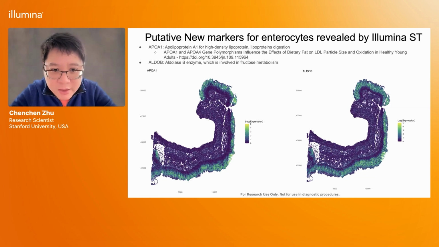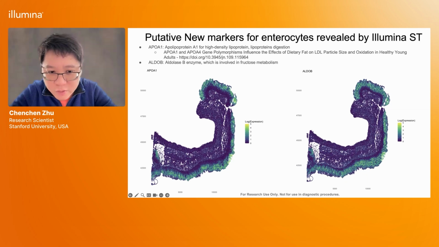These are markers that are usually not included in the pre-designed panel, or most panels for the intestine. But because we have whole transcriptome profiling, we can really see which genes are co-localized with certain cell types and make new discoveries. So in this particular case, we can subcluster the enterocytes into two states or two cell types, which are APOA1 high and aldolase B high, for example.